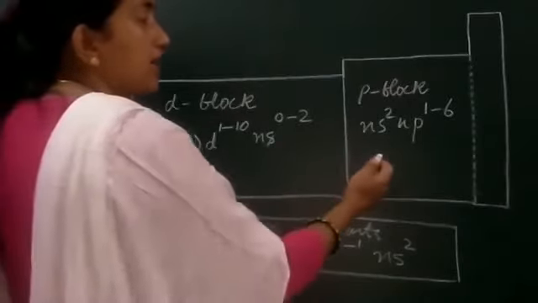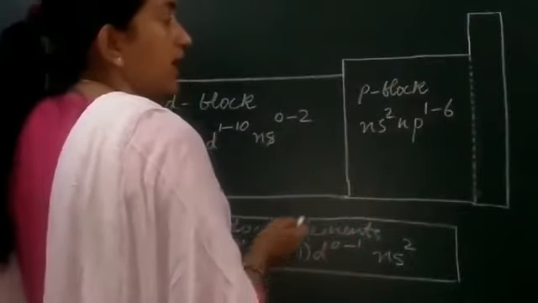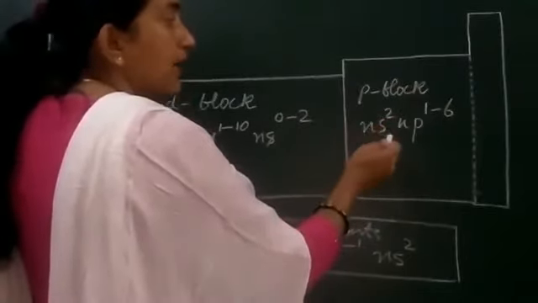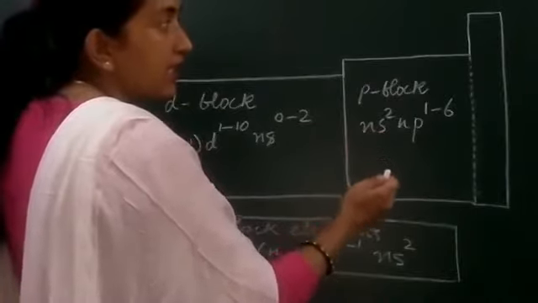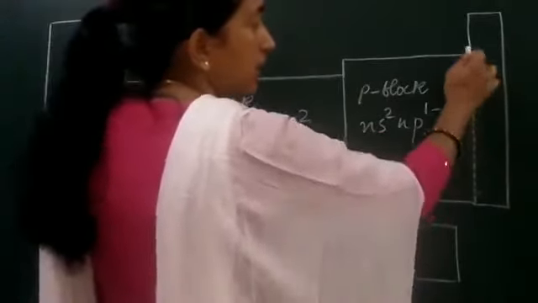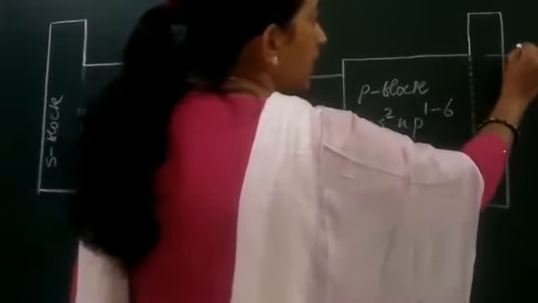The p block elements have got 6 groups in it. The groups are group 13, 14, 15, 16, 17 and 18. Students, here the dotted line is discriminating group 18.